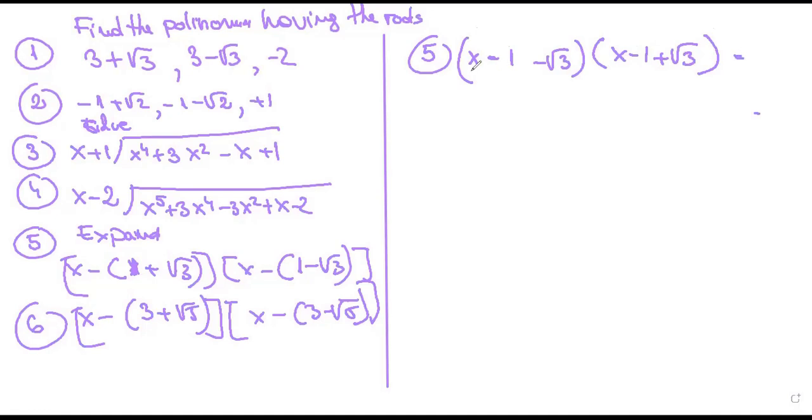So then x minus 1 is a and square root of 3 is b. So it becomes x minus 1 squared minus square root of 3 squared.